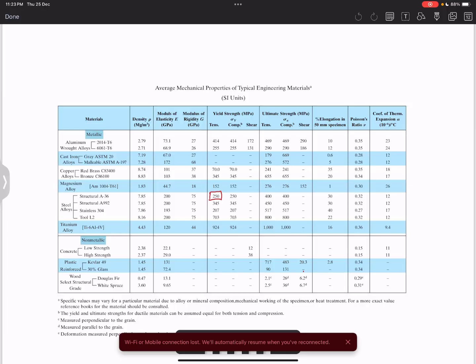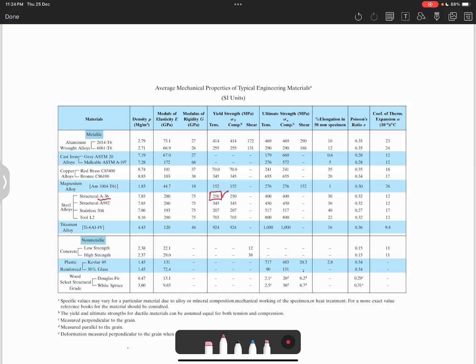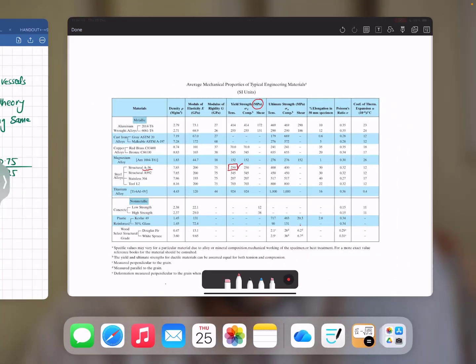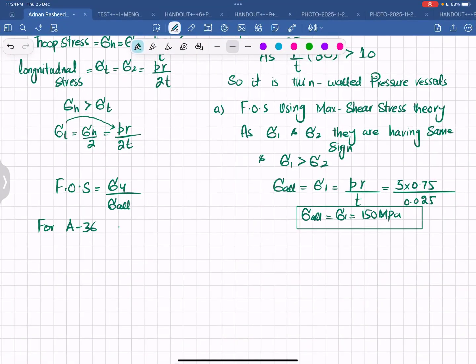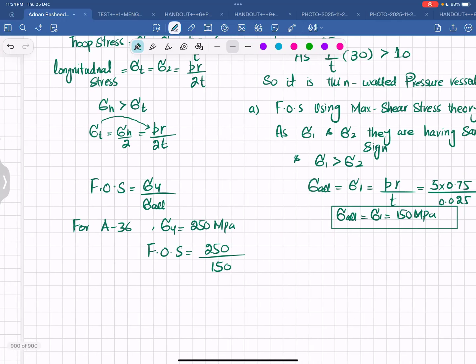So here you can see the first one is A36, so 250 megapascal. Sigma yield is 250 megapascal, and we get the factor of safety equal to 250 divided by the allowable, 150.